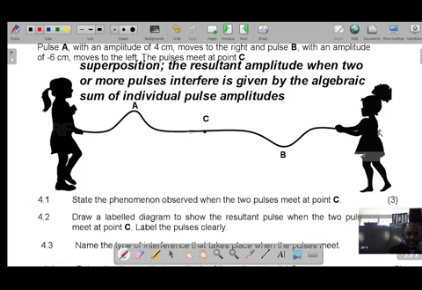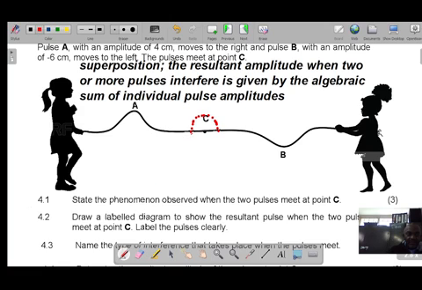So if this is the pulse length from here, if this is for A, and then if this is for B, let me now use black.